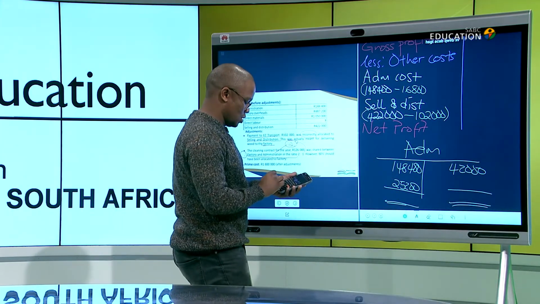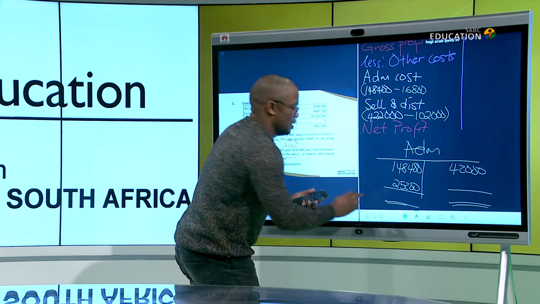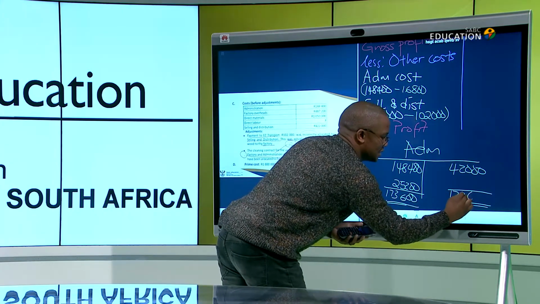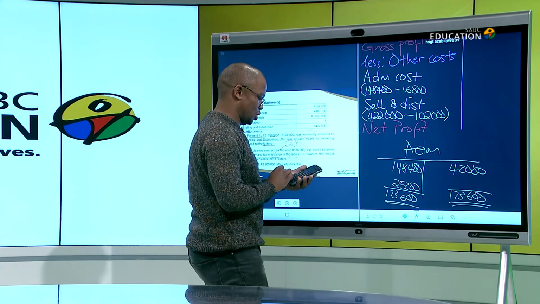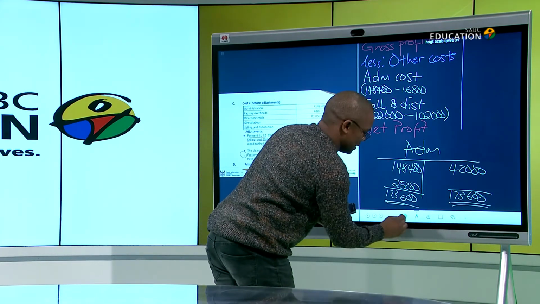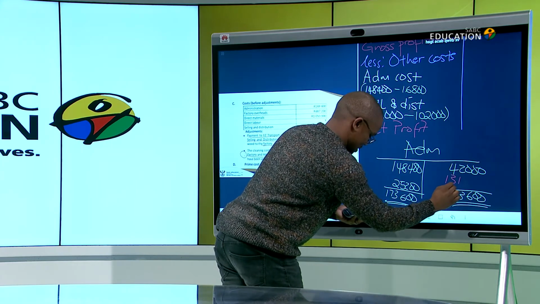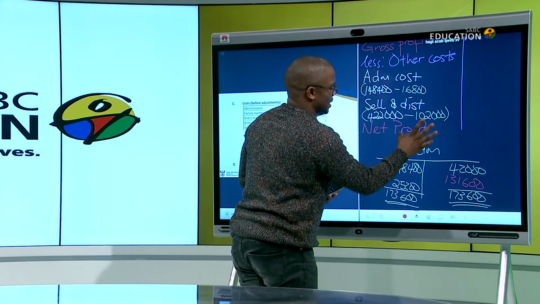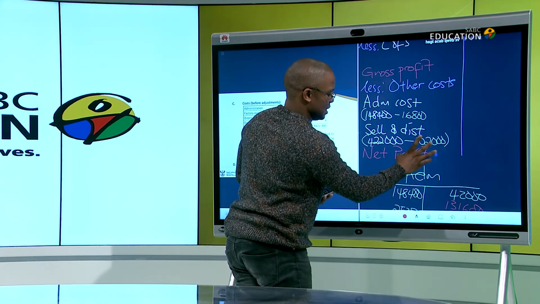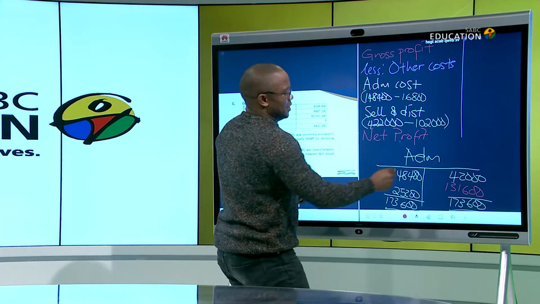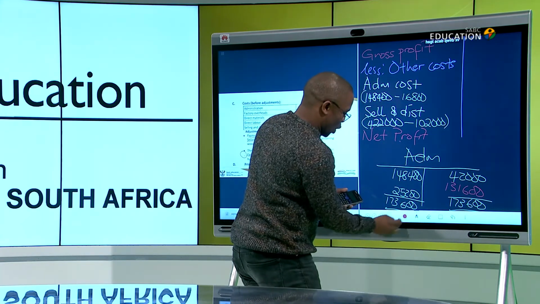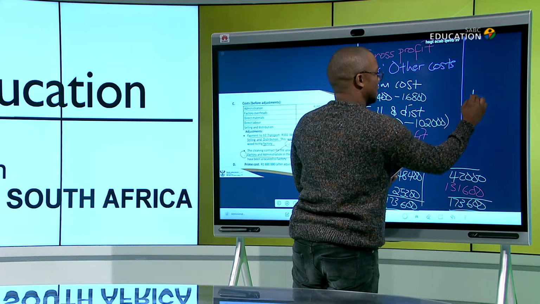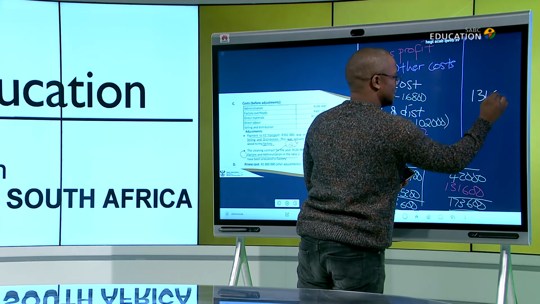You add the two, 148,400, 173,600. 173,600 minus the 42,000 is 131,600. Meaning the 131,600 is the amount that must be recorded in your abridged income statement. 131,600.